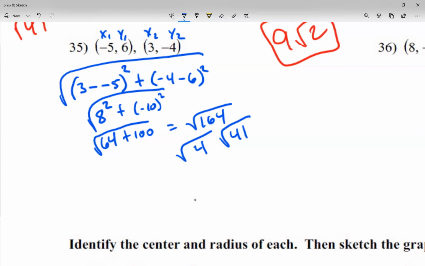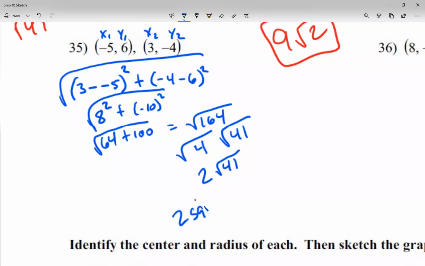I know the square root of 164 becomes 2 square root of 41. Then I ask myself, square root of 41, can I do better? No. All right, so that's it. I'm going to say 2 square root of 41.